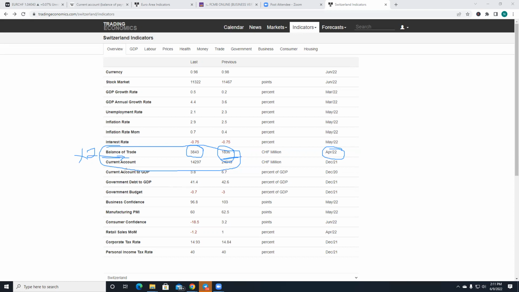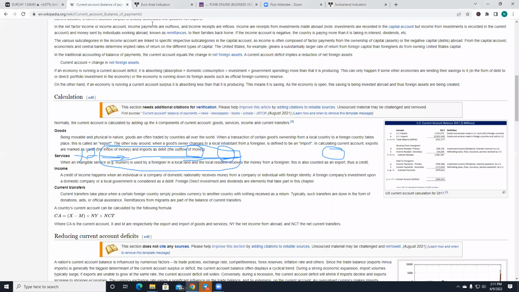So these are the things I want you to look at, guys. If you are having this kind of figure, this balance of trade, and you oppose it with what you have with euro, this is positive. This is from 1,836 to 3,843. Go and look at that of euro, guys.